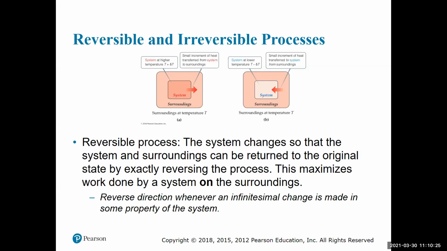Let's take a look at the examples that we have on this slide at the top in the figures. On the one on the left, we have the system in the middle, and then we have the surroundings around it. The system in the middle is the darker red portion. If the temperature in the system is increased by some small amount, what happens?